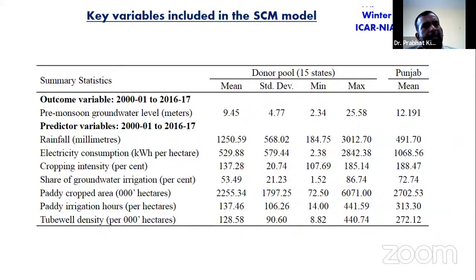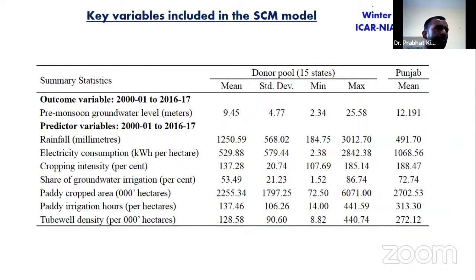They have evaluated the impact of this, and we have worked similarly, and we have followed a different methodology. Their data was up to 2012, but we have extended the data to 2015, and we have got a somewhat different result.